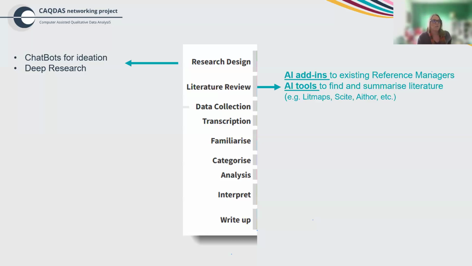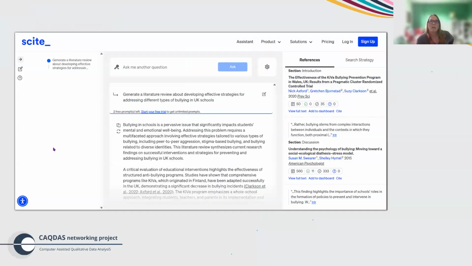But here I've got a screenshot of one site, and the other day I went there and I just asked it to generate a literature review about developing effective strategies for addressing different types of bullying in UK schools, and off it goes and looks for all of the references and generates a written literature review based on that, giving information about the references and also the search strategy.